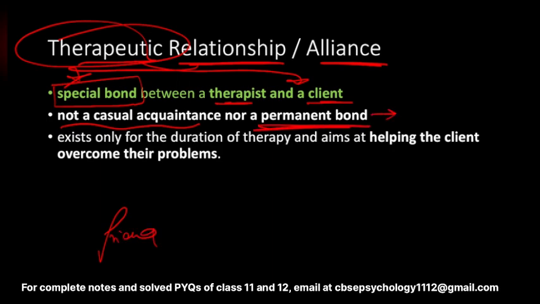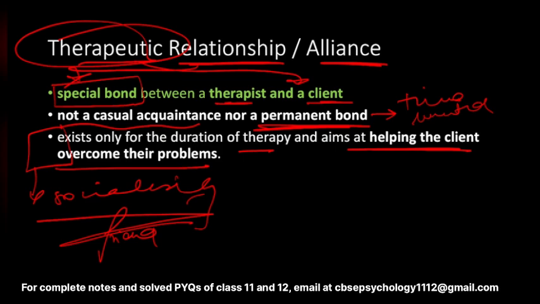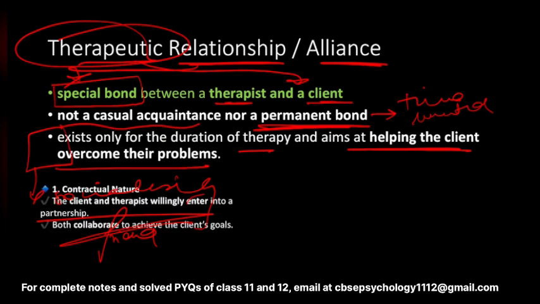Therapy, as we all know, is a time limited intervention. It exists only for the duration of therapy and aims at helping the client overcome their problems. This is the sole purpose of therapy. It is not for socializing or making relationships. That's not the goal of a therapeutic relationship, alliance or psychotherapy.